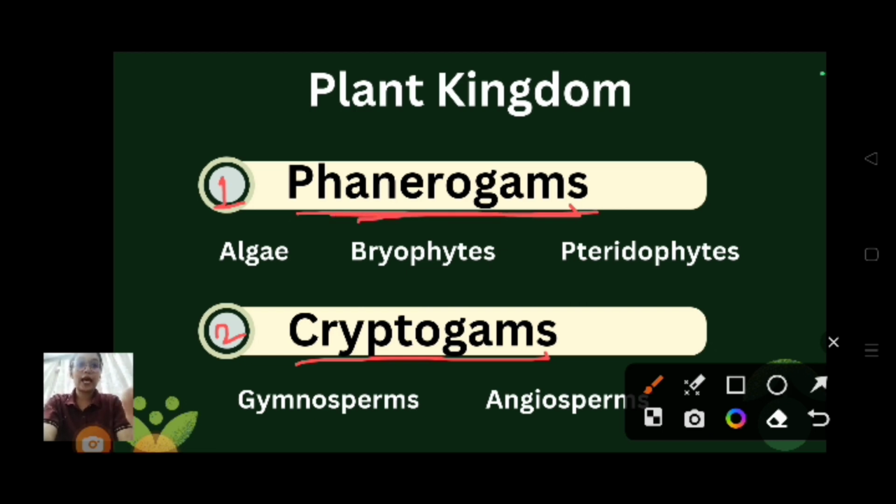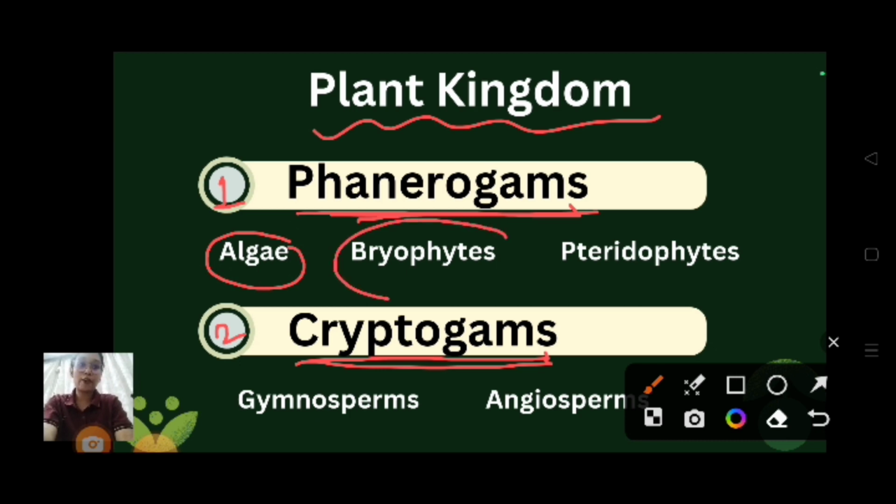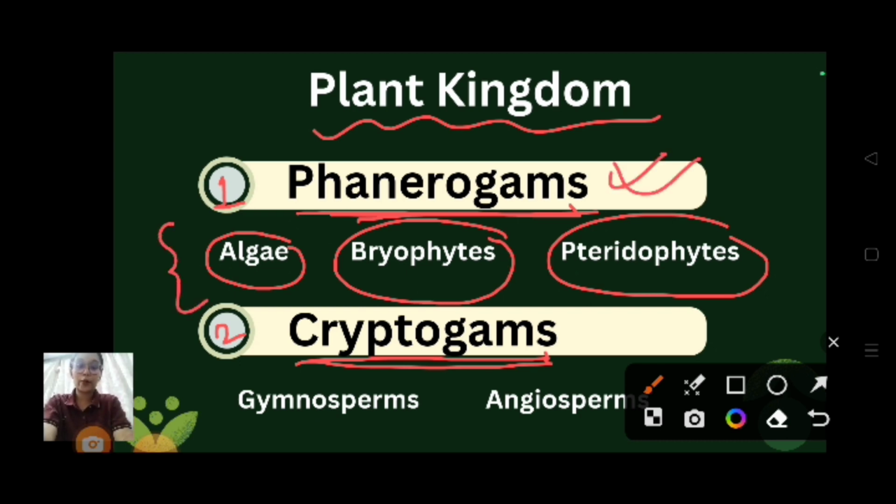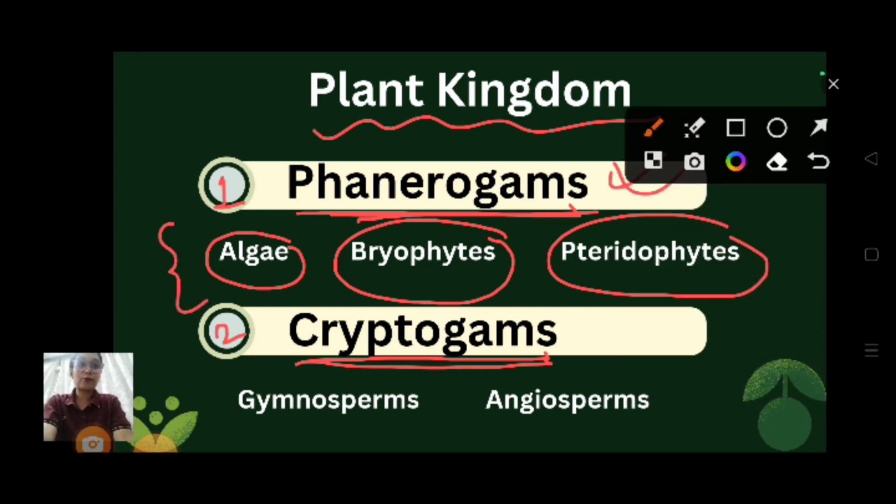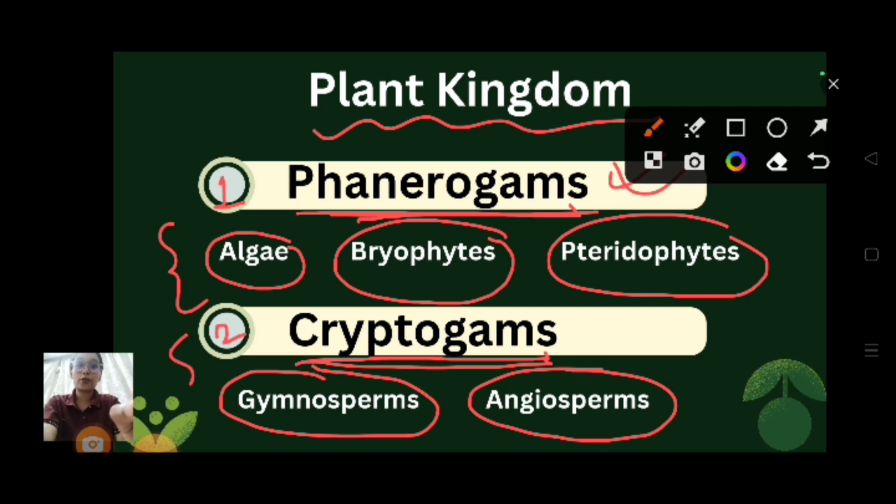In this chapter we are going to see five different varieties of classification of plants. First we'll see algae, then bryophytes, then pteridophytes, and three of them fall under phanerogamies. And the next are gymnosperms and angiosperms, which fall under cryptogams.